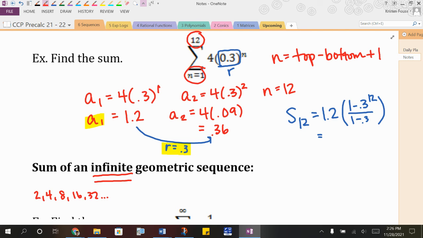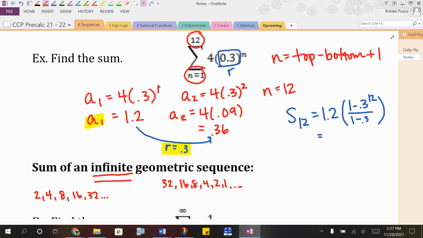But what if I did the opposite? What if I gave you the sequence 32, 16, 8, 4, 2, 1, dot, dot, dot? That one we can actually find the sum for, because as these numbers are just getting multiplied by a half, eventually they're going to get so teeny, tiny that they won't affect the actual sum.